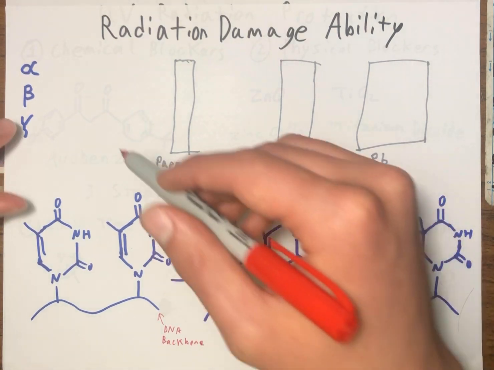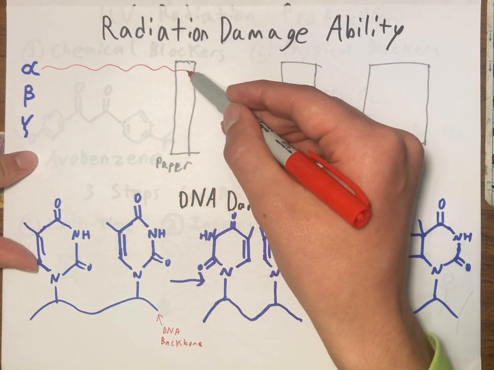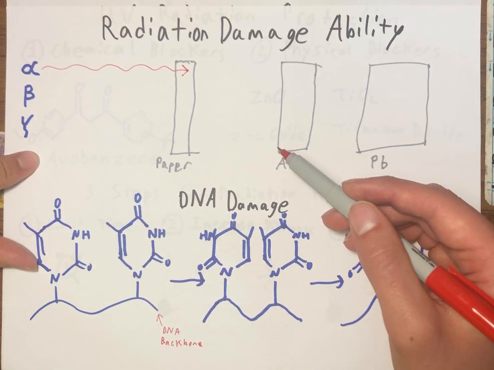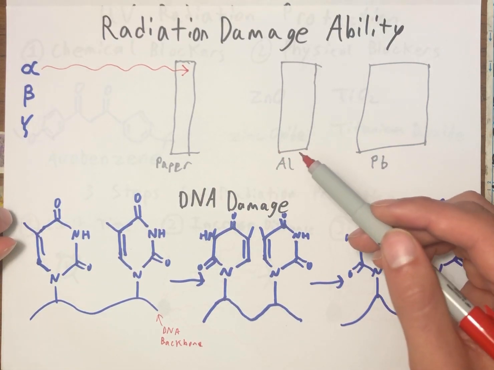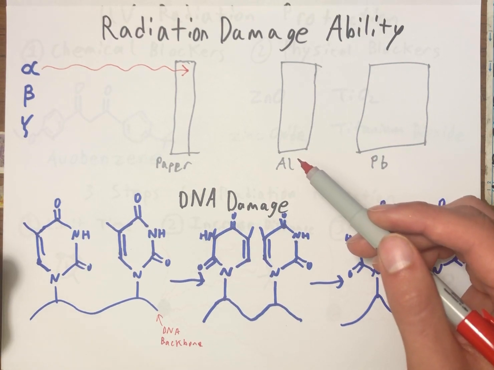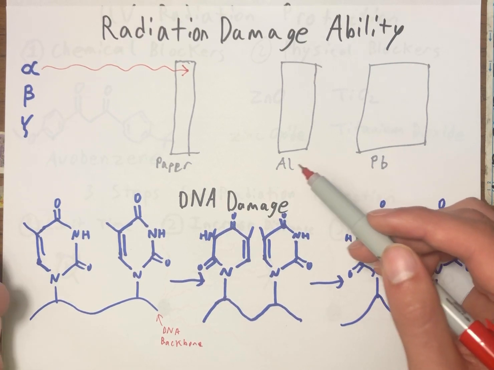For example, if we were to shoot an alpha particle at these three objects, we would find the alpha particle gets embedded and stuck in a simple sheet of paper. This is because an alpha has a heavy mass compared to the other types of radiation, consisting of those 2 protons and 2 neutrons.